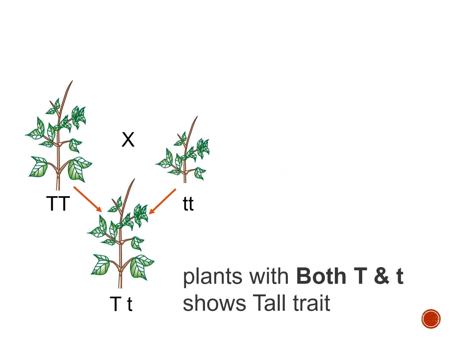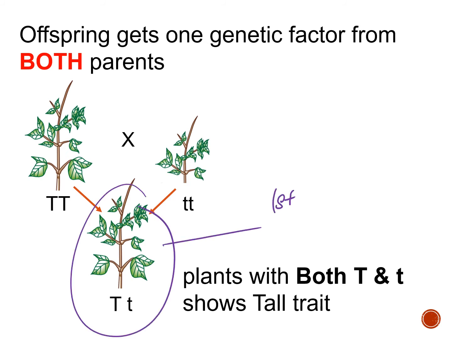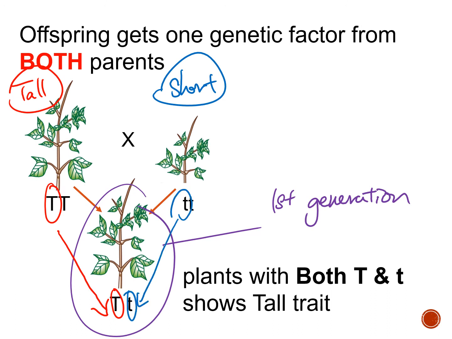So Mendel tried to think in this way. For the plant of the first generation, it looks tall, and it must have half the genetic factor coming from the tall parent and another half of the genetic factor coming from the short parent.